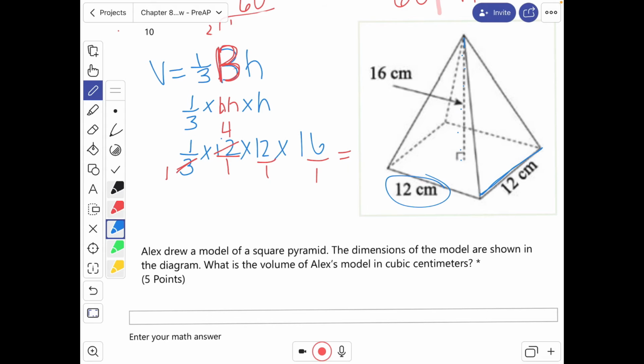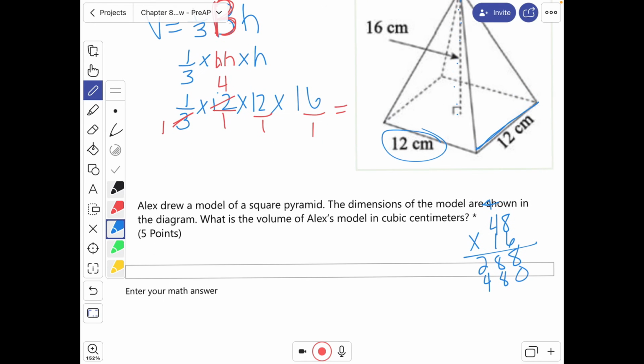So now that leaves me with just 4 times 12, which is 48, times 16. 768 over 1, which is just 768, and this is centimeters cubed. And if you're putting it in the computer, it's okay to just put 768.